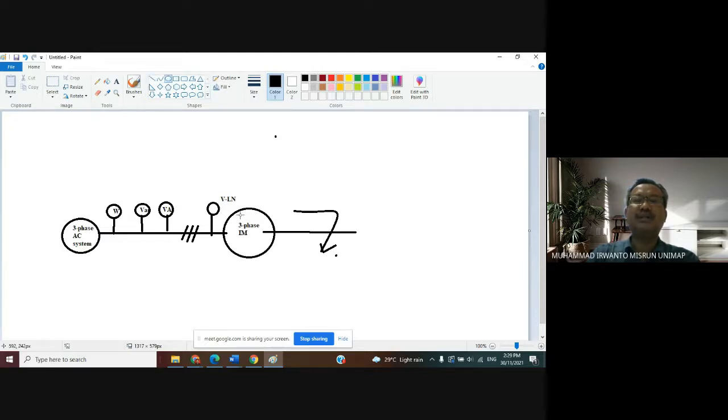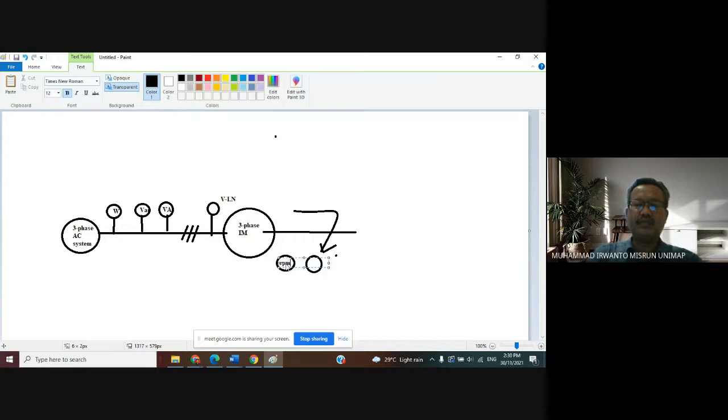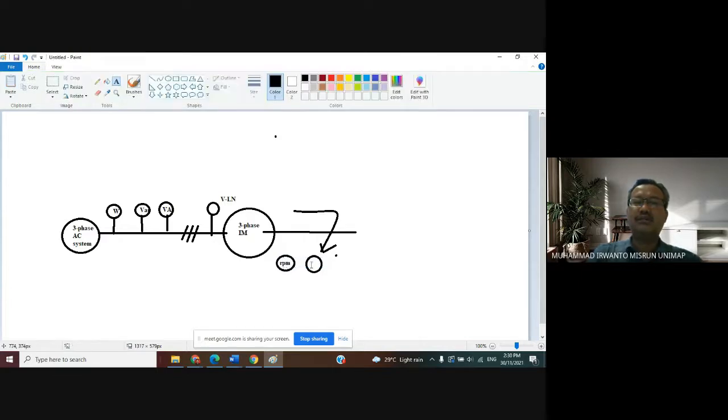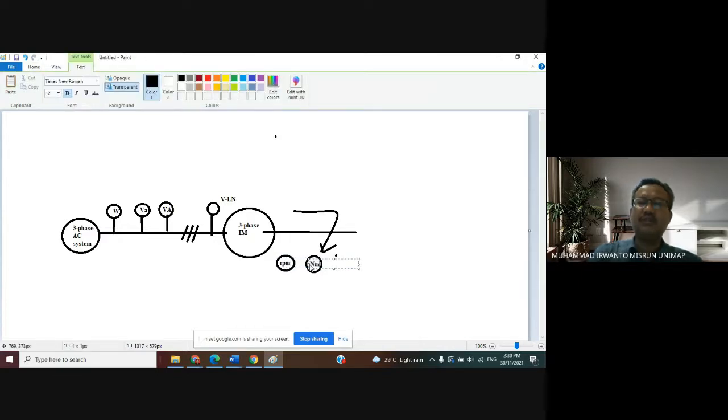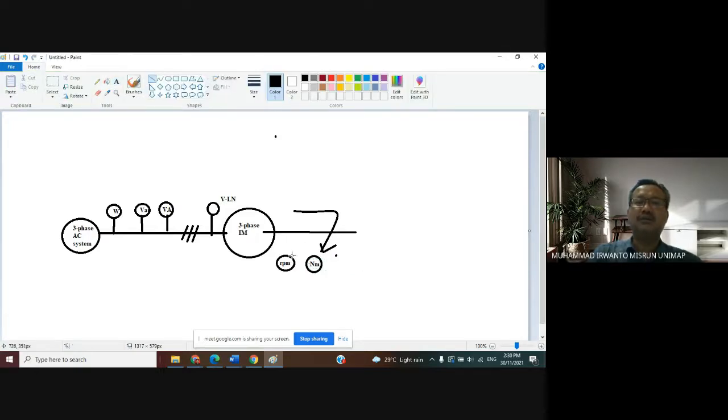You can measure it here, speed and also torque. Speed, I type here in RPM, and torque in Newton meter unit. Measure here for the mechanical part.